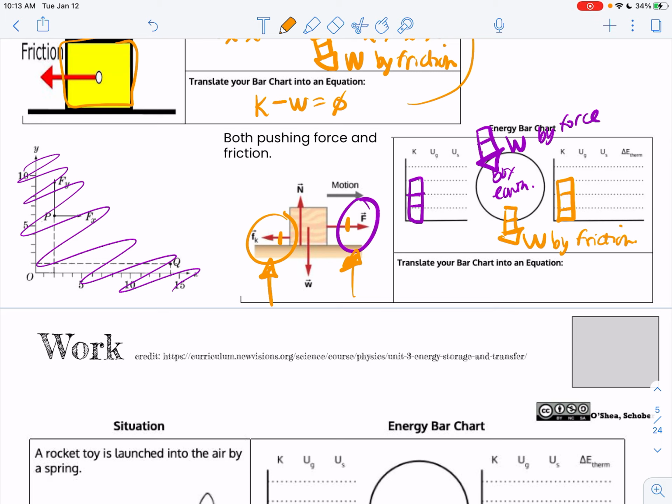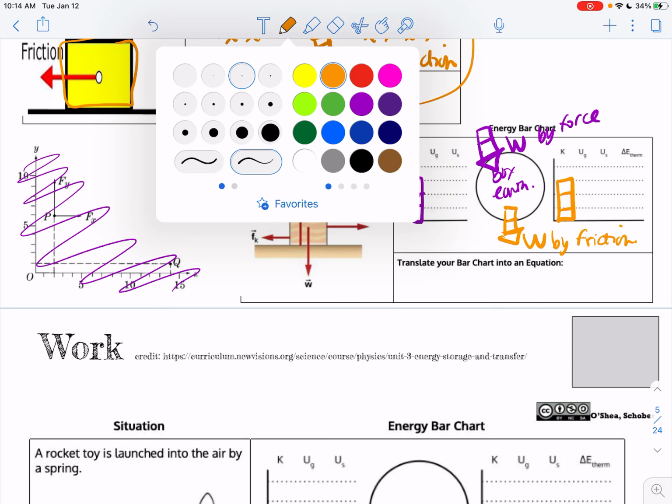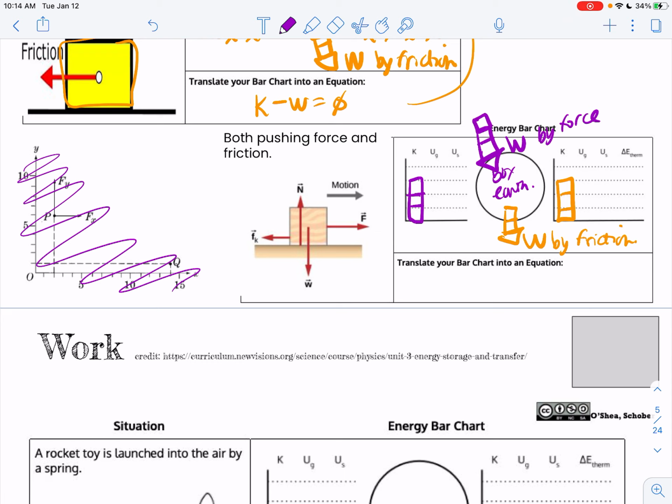Okay, if I pull harder, like let's say this force is bigger, which it looks like in this picture, I might have an added force here, which means that overall my kinetic energy is going to get bigger. I'm going to do more work with that force than the friction's doing, so it's going to sort of come out in the wash, and then I'm going to end up with one extra there, okay?